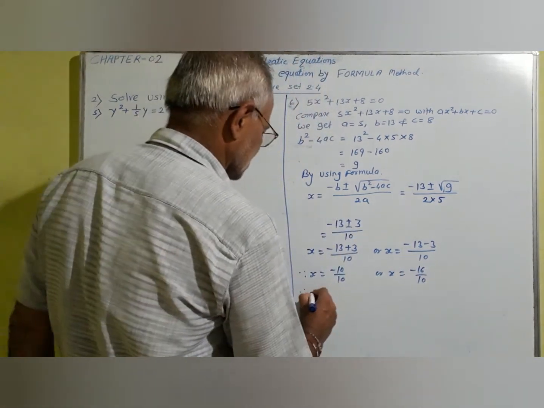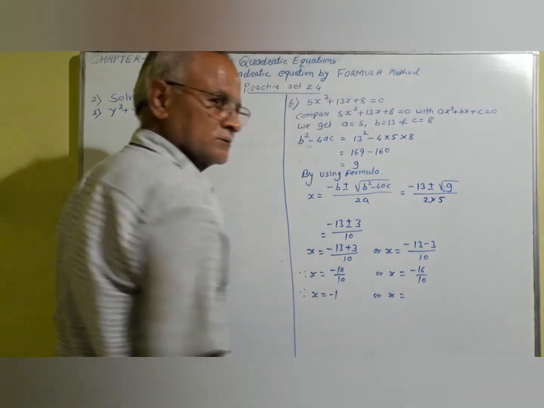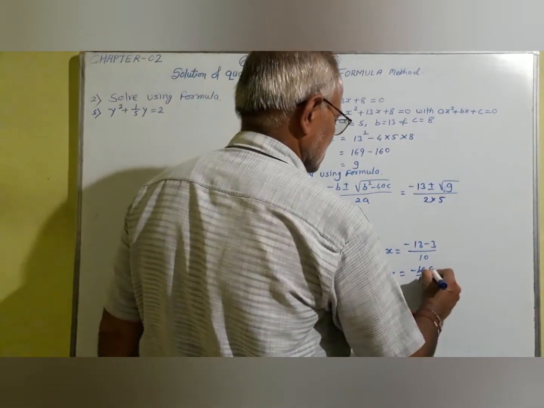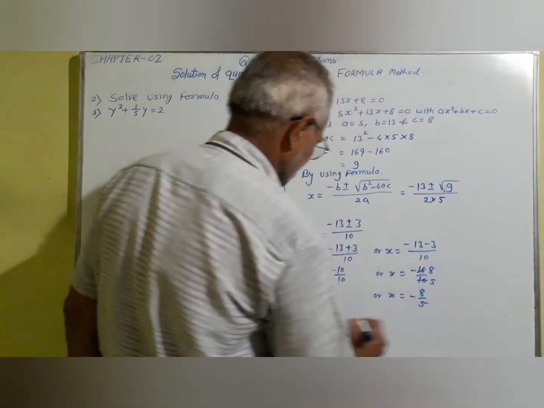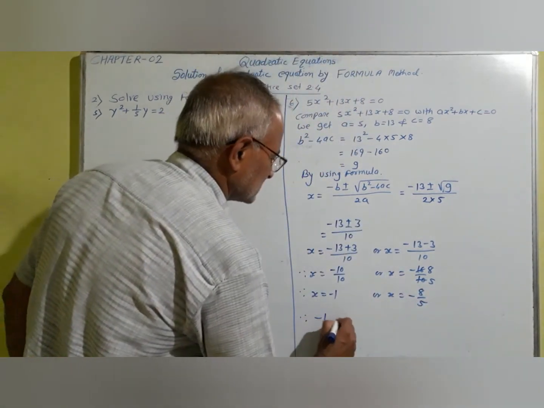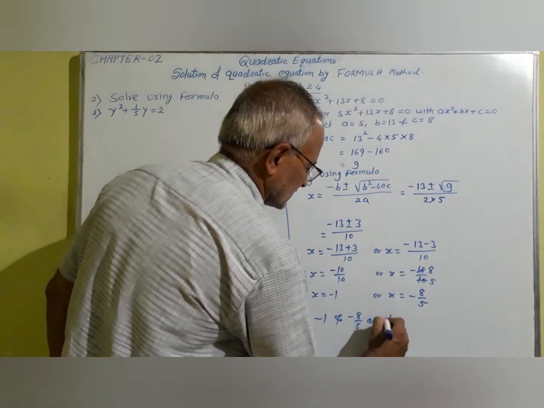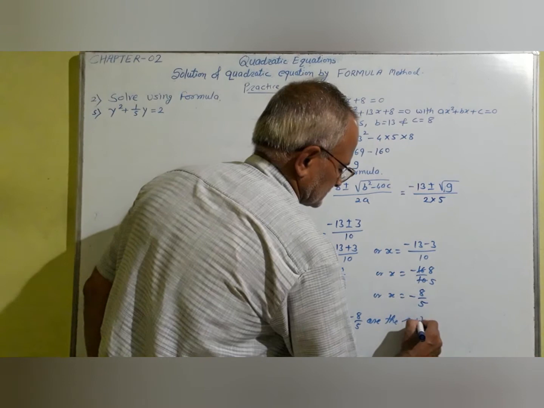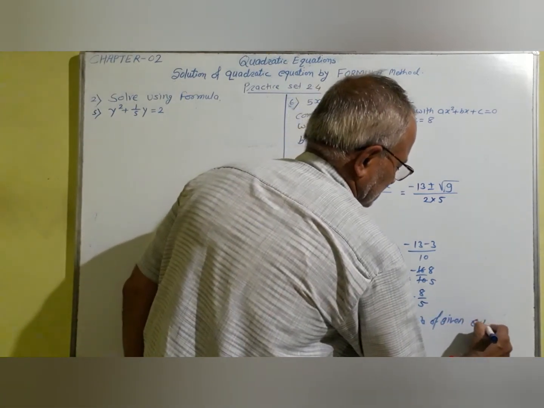Therefore x is equal to minus 1, or x is equal to, 2 8s are 16, 2 5s are 10, minus 8 upon 5, and therefore minus 1 and minus 8 upon 5 are the roots of the given quadratic.